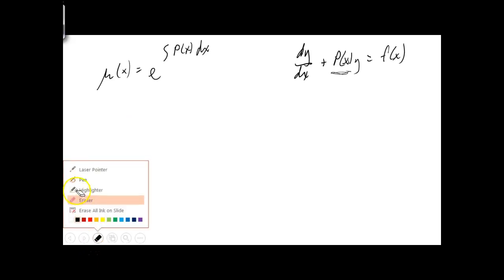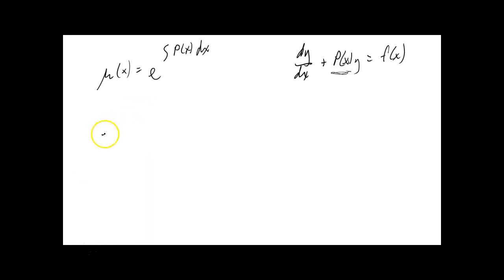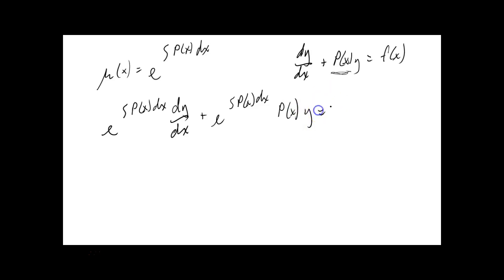That's e to the integral p of x dx times dy/dx plus e to the integral of p of x dx times p of x times y is equal to e to the integral p of x dx times f of x.